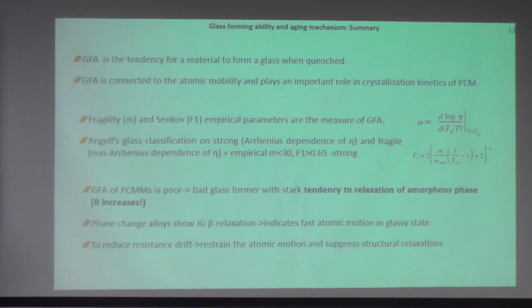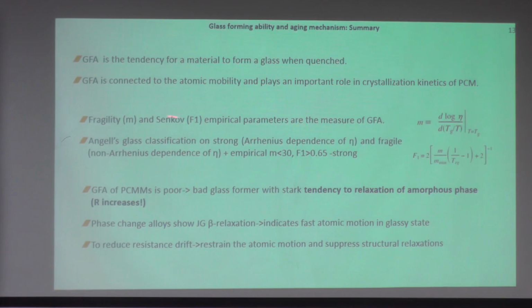So now let me conclude this part of my lecture. We studied glass forming ability, which is the tendency of a material to form a glass state when quenched. Glass forming ability is connected to atomic mobility and plays an important role in the crystallization kinetics of PCMs.